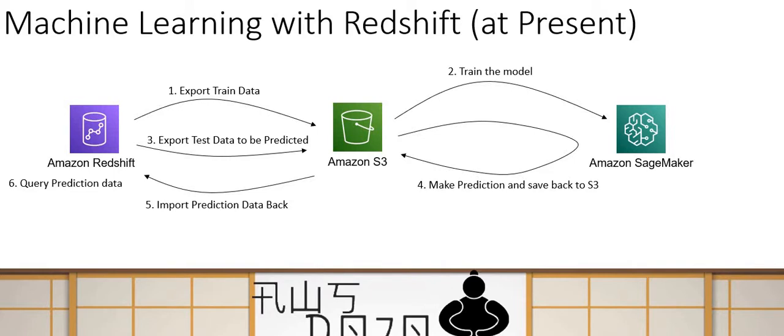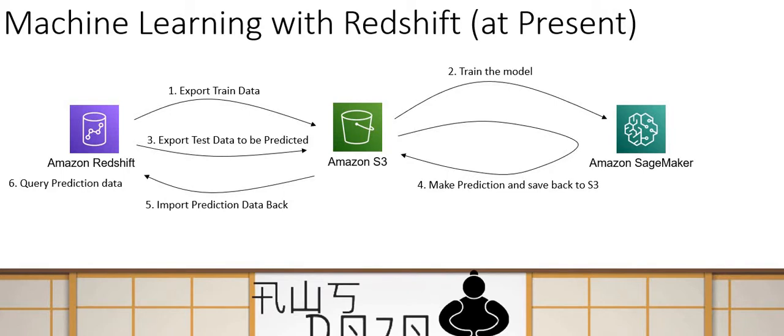With the Amazon Redshift ML feature, this whole workflow is very much simplified, and you can achieve the same result without hopping into multiple services like you see here: S3, SageMaker, Redshift. In fact, sitting inside Amazon Redshift, you can do everything.